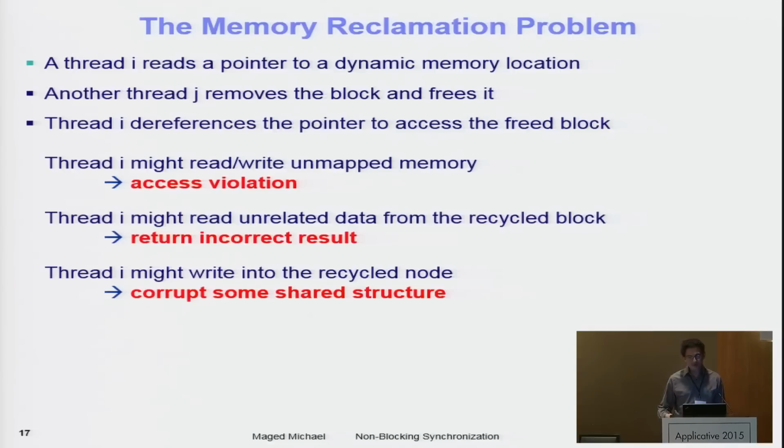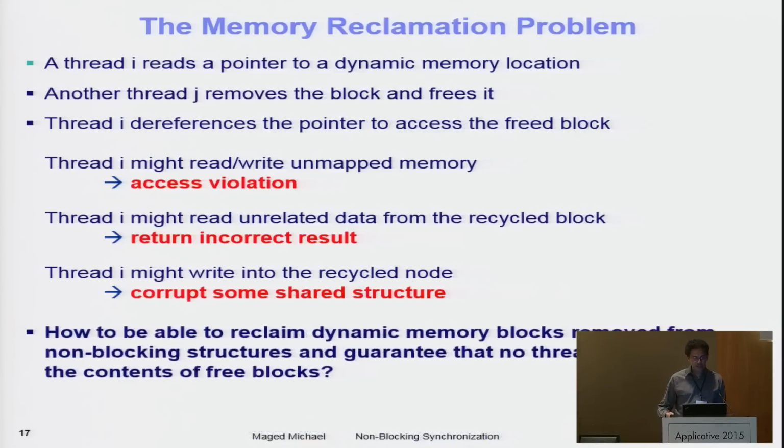So this is the memory reclamation problem, and it boils down to: how can I reclaim dynamic memory blocks that are removed from non-blocking data structures while guaranteeing that no thread will have access to a freed block? That is, when is it safe to free a removed block, such that I'm guaranteed that nobody else will be able to access it.